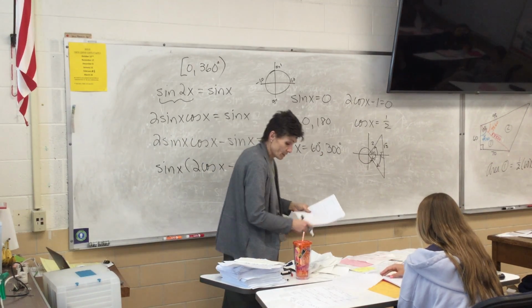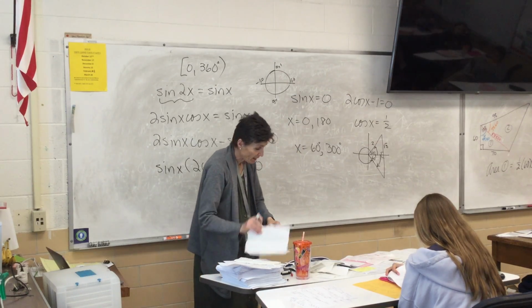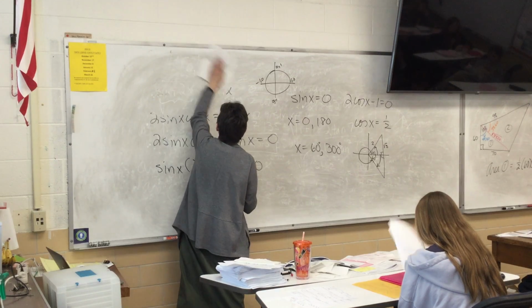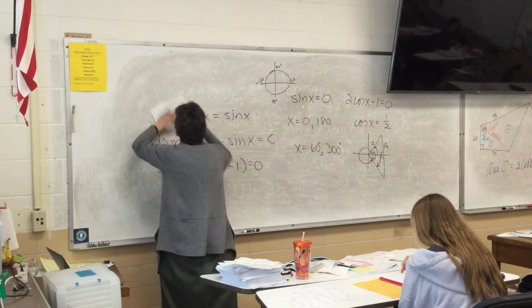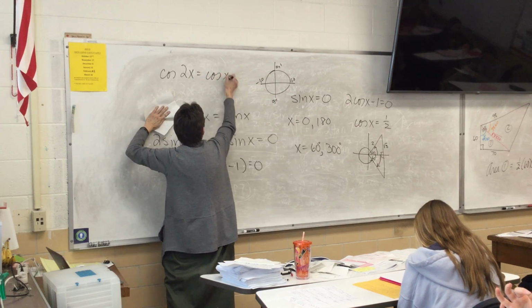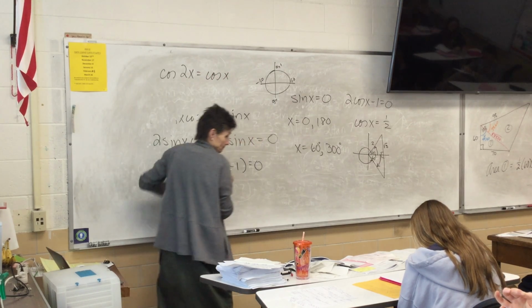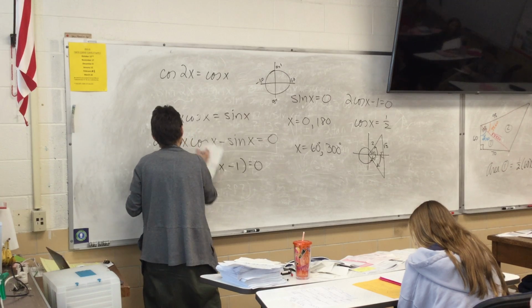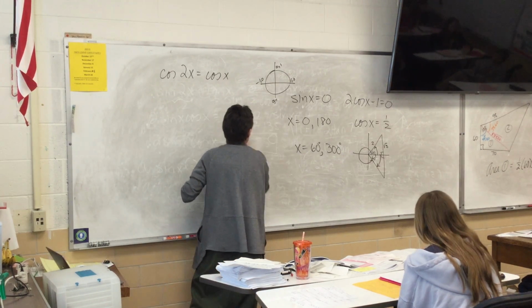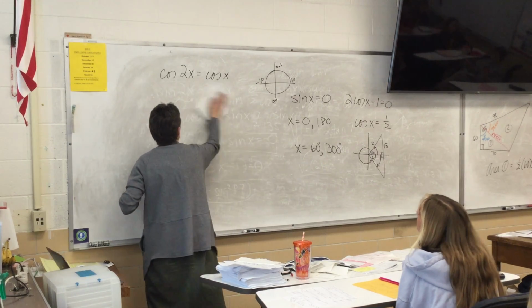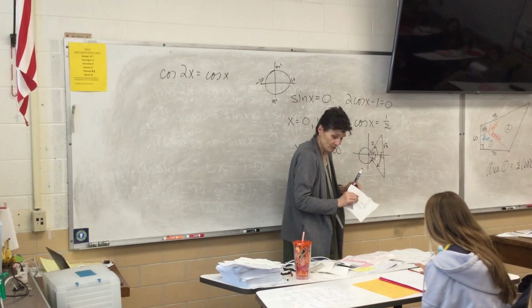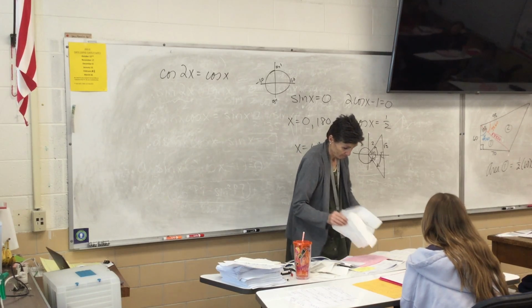Here we go. Cosine 2x equals cosine x. So it's a very similar problem. Cosine 2x equals cosine x. Okay, so let's think about what we just did.